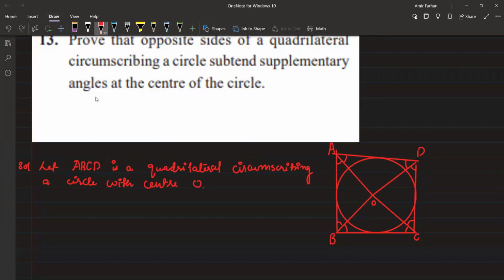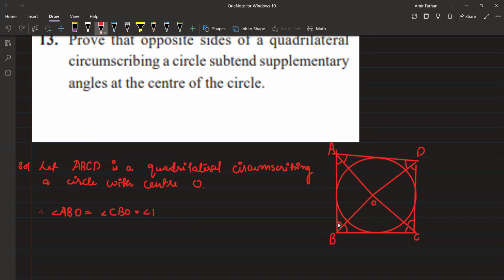So this angle, basically angle ABO, will be equal to angle CBO. Suppose that it's angle 1.